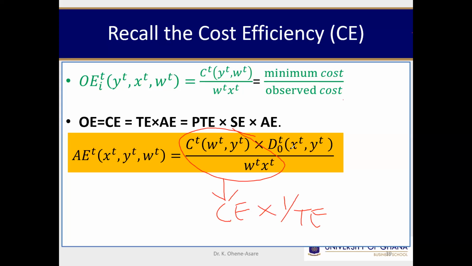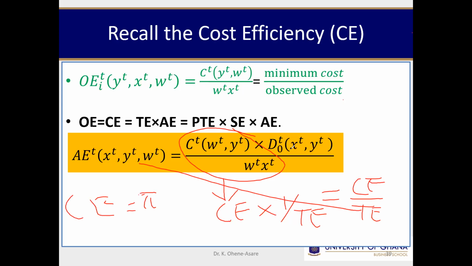So it means that the whole of what you see there is equal to C over T, which means that you can now multiply this TE by that, and that gives you C equal to TE times A. And that is what you have at the top here. So that is all I wanted you to understand about this.